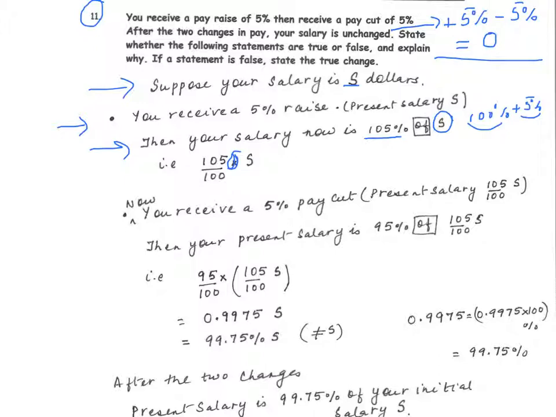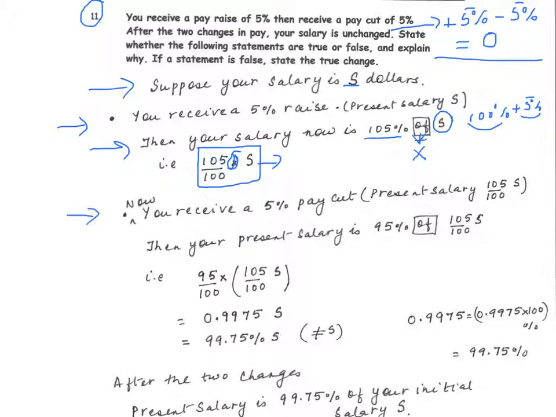So we've interpreted that word off as multiplication. So after you've got a 5% pay raise, your salary is this 105 over 100 times S. Whatever that number is, that's your salary.